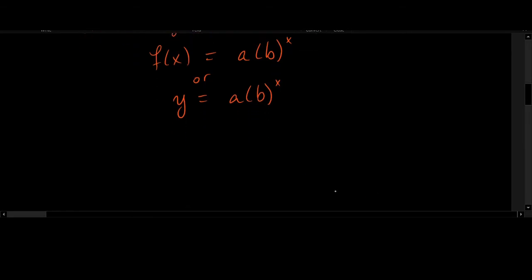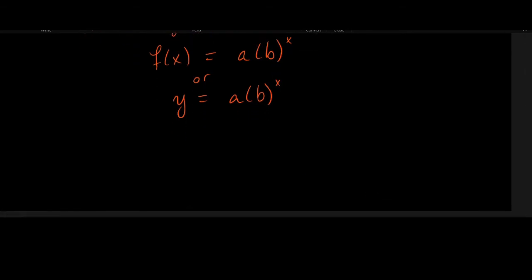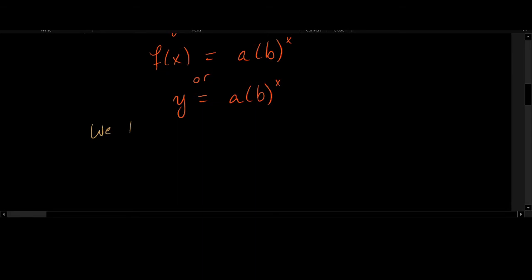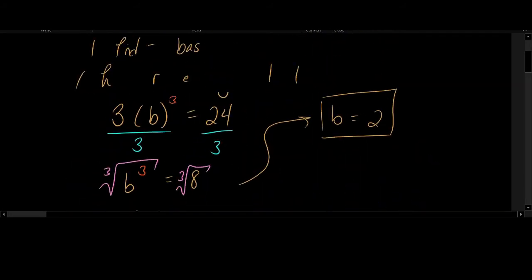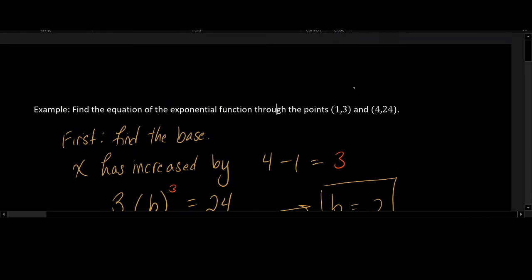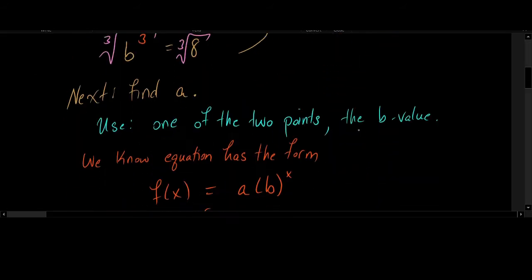We now know that b is equal to 2. And we also have the point, well, we technically have 2 points, but I'm just going to pick the point which is my favorite. This one is my favorite because the numbers are smaller. I'm going to pick the point where x is 1 and y is 3.